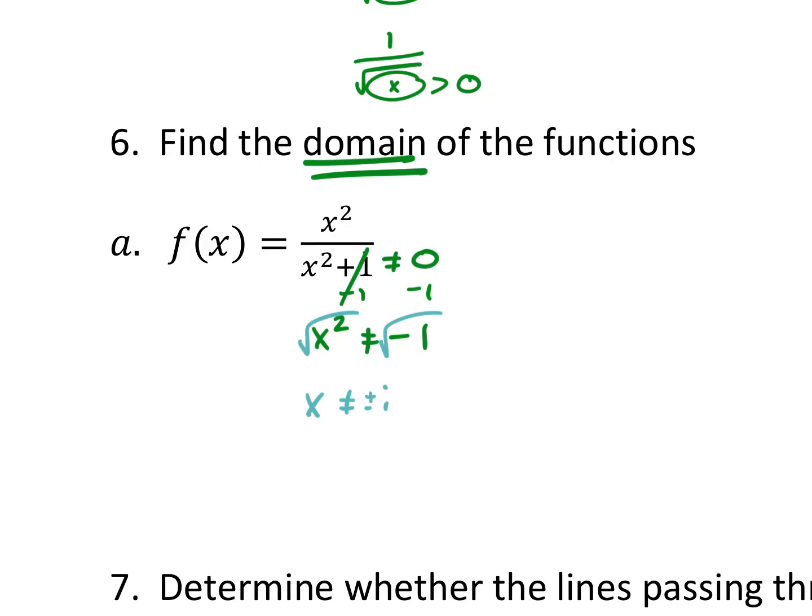There's no real number that we can plug into x here that would make this 0 in our denominator. So here, this would be all real solutions, or we would say negative infinity to positive infinity. These mean the same thing. It's multiple choice, so whatever the answer choice says, it'll say either one of these. So this would be all real solutions because you end up with an imaginary.